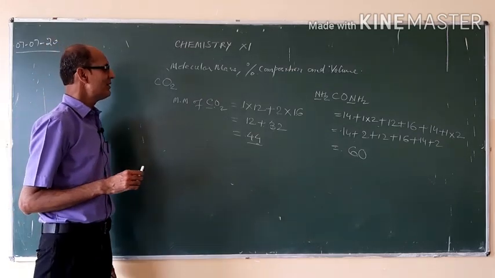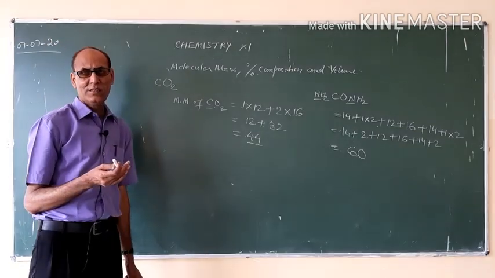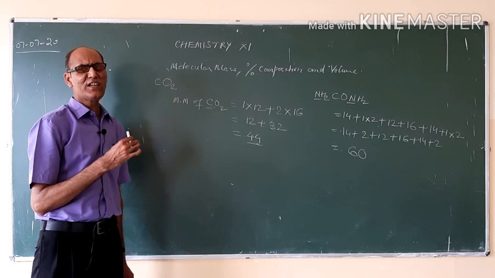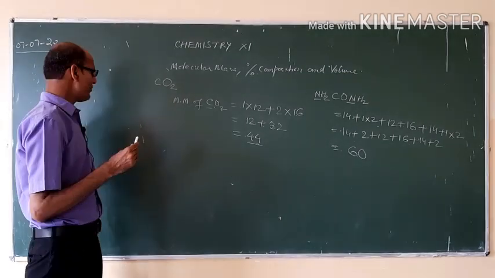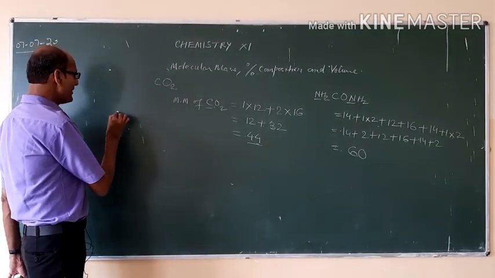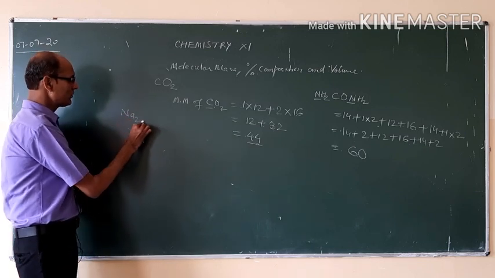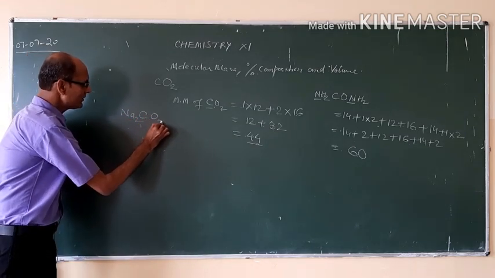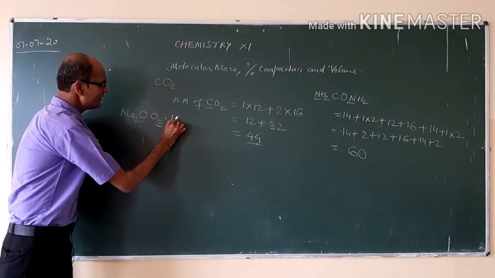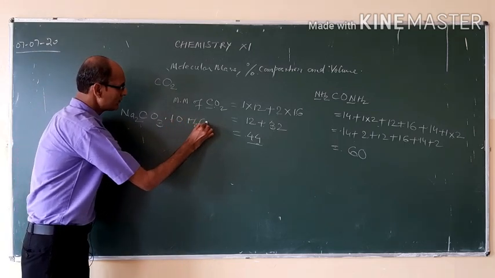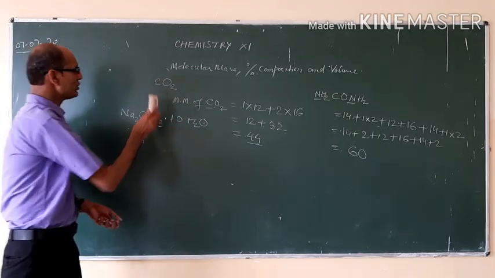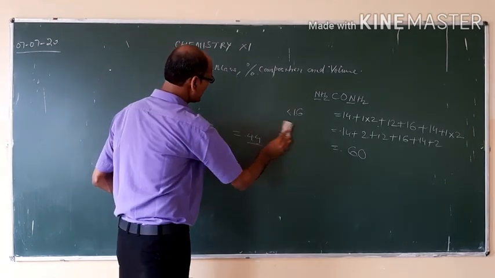Next, I am going to tell you a different type of example. Suppose you want to calculate the molecular mass of Na2CO3.10H2O.